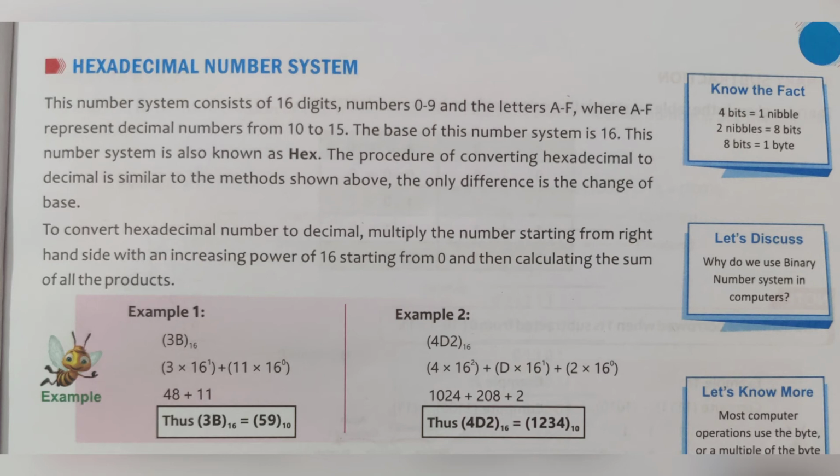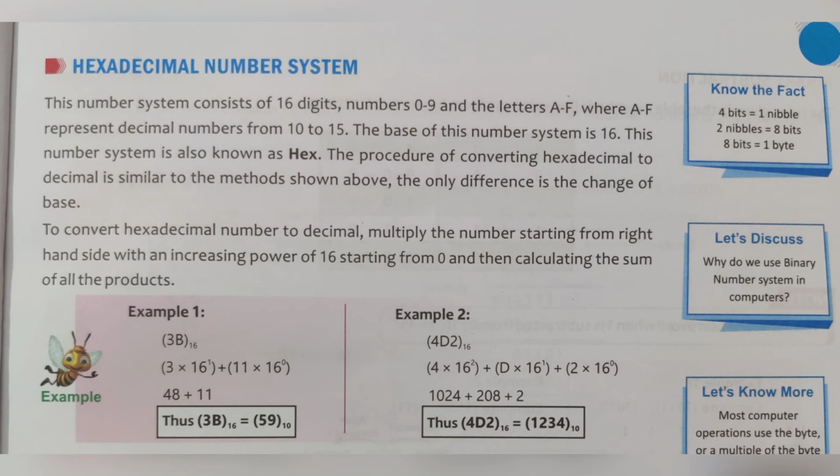The procedure of converting hexadecimal to decimal is similar to the method shown above. The only difference is the change of base. As the base in decimal is 10, in binary 2, and in octal 8, in hexadecimal the base is 16.